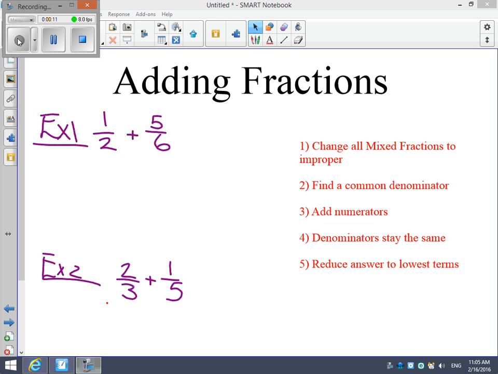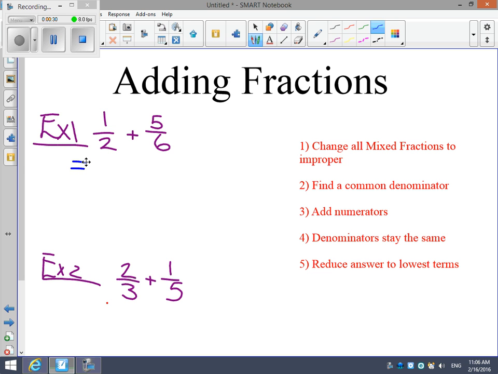So today we're gonna start with 1/2 plus 5/6. If you would like to pause the recording and do it by yourself, okay, now we're going to start. First we have to change it so that they have common denominators.